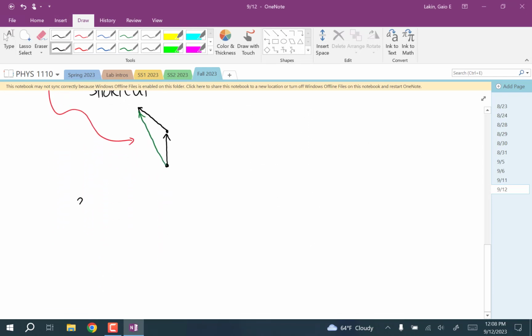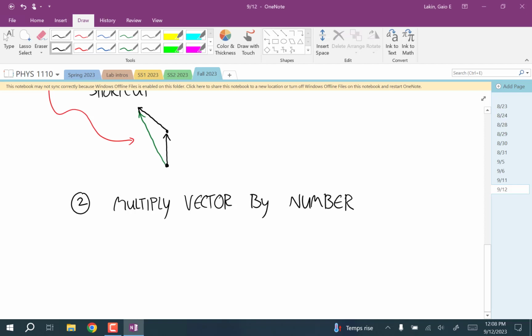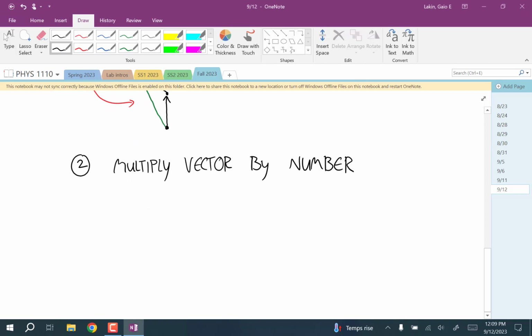The second calculation that we're going to do is multiply a vector by a number. So if you have a number c and you're multiplying it to the vector ab, the vector you get out has c just multiplied to both components.